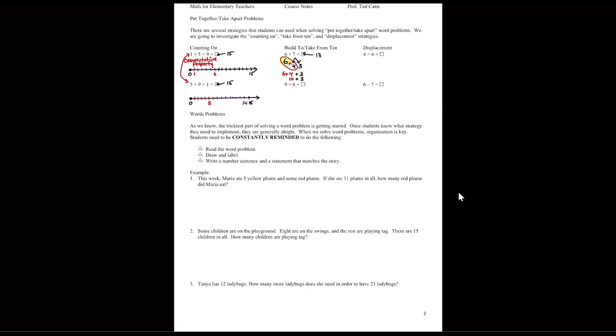So all you're doing is finding groupings of 10 from the numbers that you have available to you. Another way to do it is a diagram approach. That could get a little crazy if the numbers get big, but if I take the number 6, for example, I can write it as 1, 2, 3, 4, 5, 6. The number 7, 1, 2, 3, 4, 5, 6, 7.